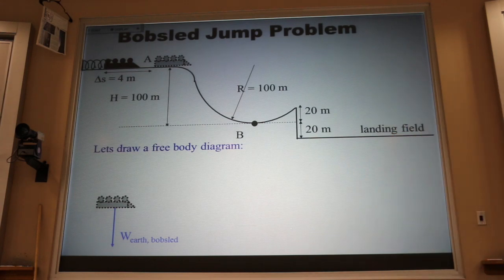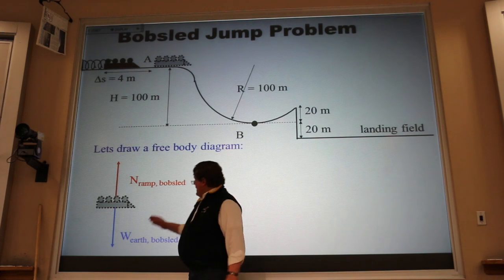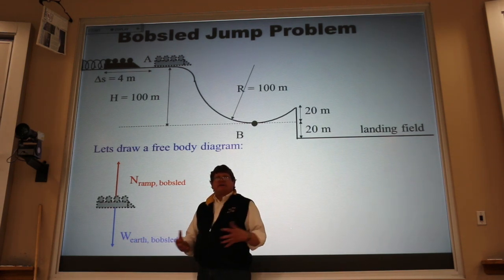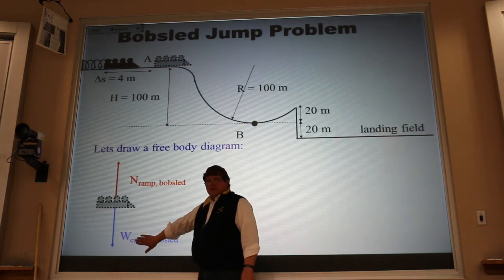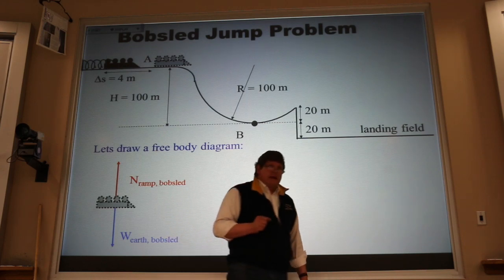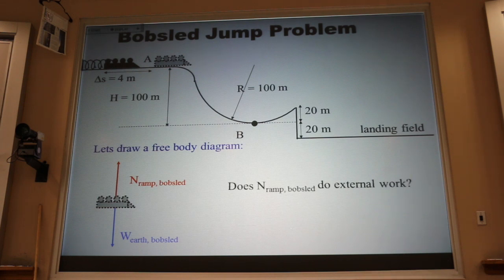If we draw a free-body diagram for that bobsled, the Earth is part of our system, so that we can talk about the gravitational potential energy. So this is an internal force. This is the only force we have to worry about, the only external force. And it is always perpendicular to the motion.